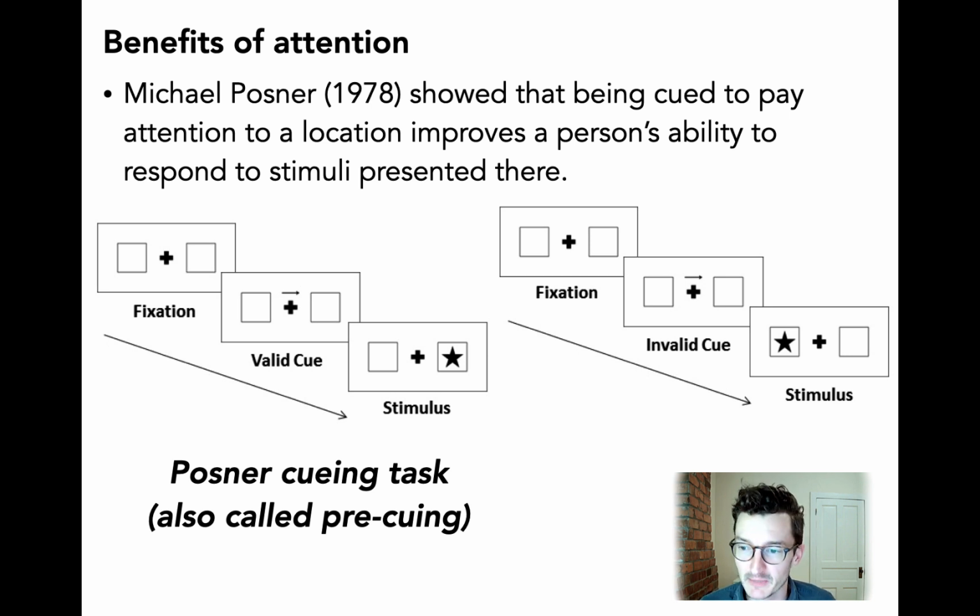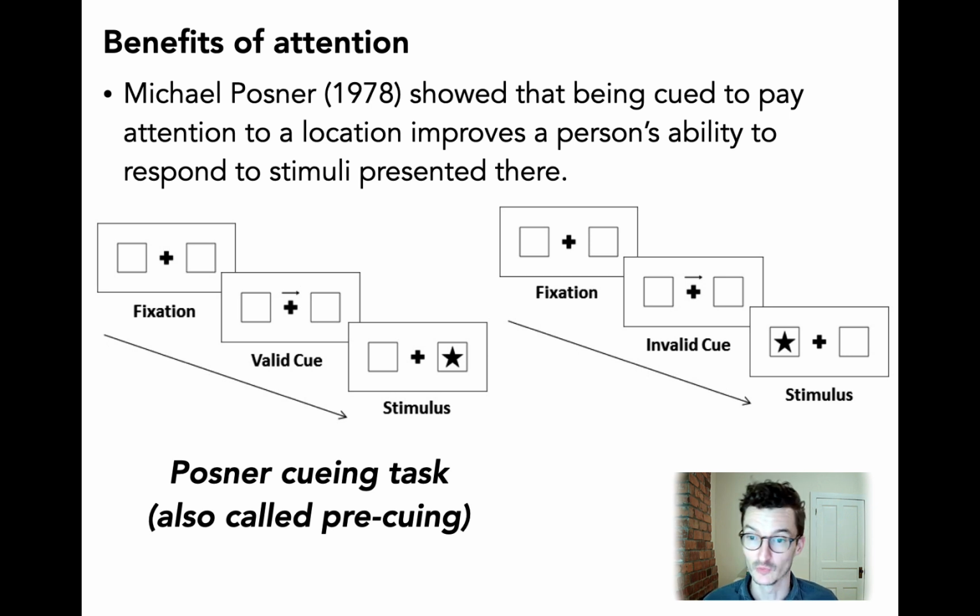How do we actually measure this in the lab? Well, a very famous task to get at the role of attention and perception is known as the Posner cueing task. And this task was invented by Michael Posner in the 1970s. And the idea here is that you're simply staring at a fixation cross on a screen, and you have to respond as quickly as you can to stimuli that appear on the screen.